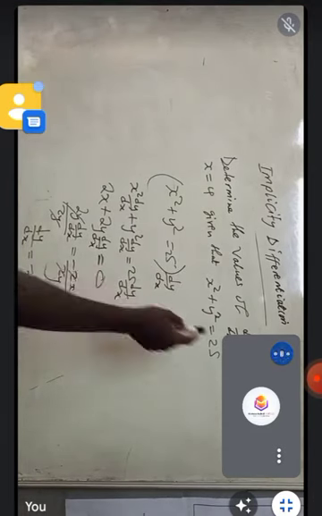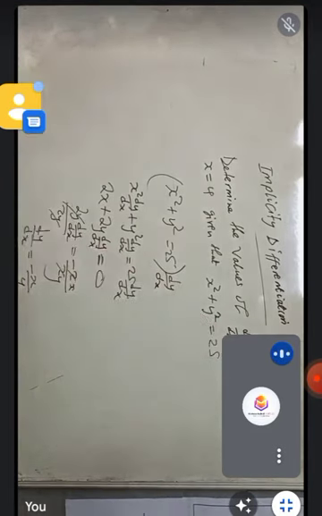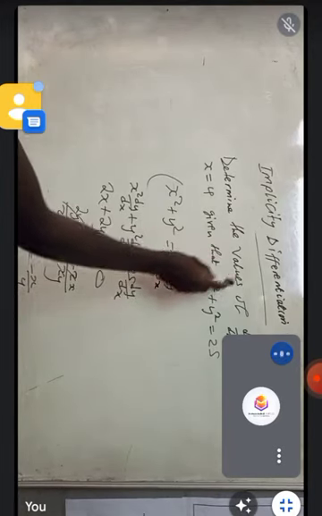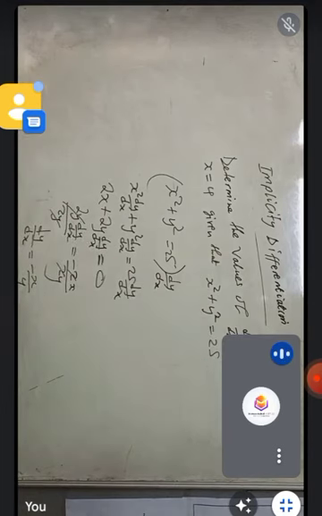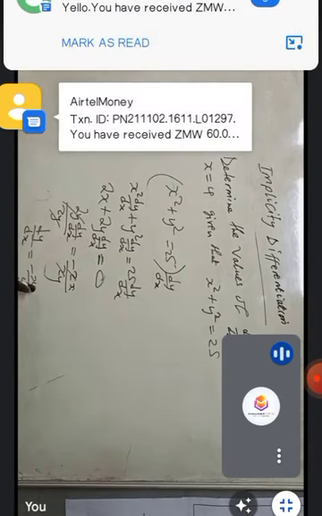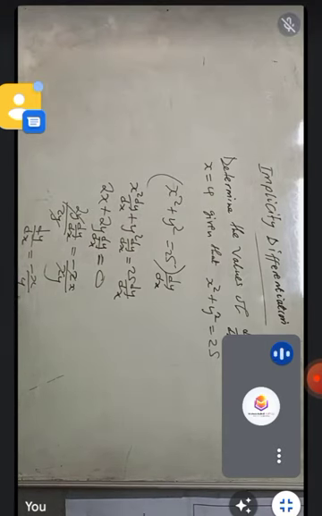So we have dy/dx. Our dy/dx is equal to this one. This is an expression, not a value. But they want us to find the values of dy/dx, which simply means they want us to find a number. Our x is equal to 4, so where there is x, we are going to replace it with 4. But we have y down here. What are we going to replace where there is y? That's my question.